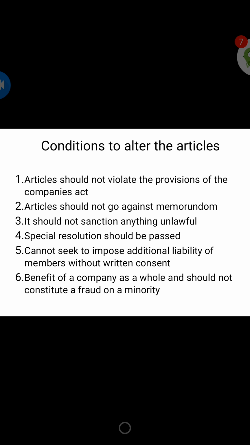The next is conditions. The powers are not given simply; they are given along with implied conditions. So what are those conditions? The first condition is that it should not violate the provisions of the Companies Act.